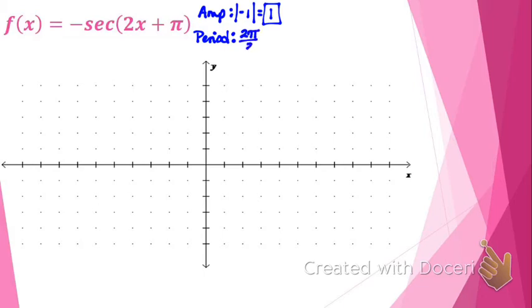Yep. So the negative does nothing because it's cosine? The negative will do something to it, because the negative's out in front. If it's inside, if it's my angle, then you're right, it wouldn't do anything. But it's out in front here.